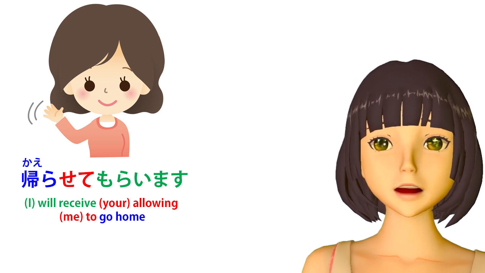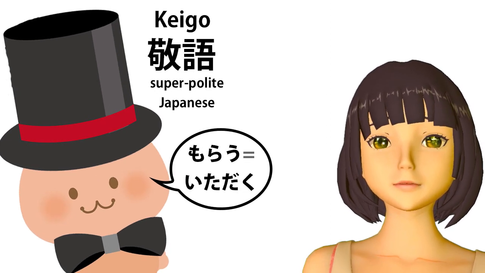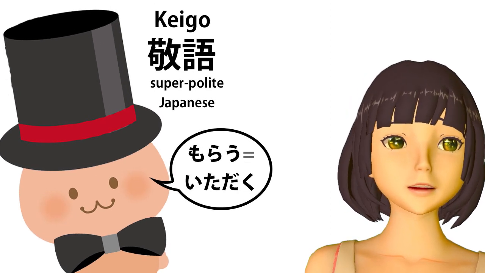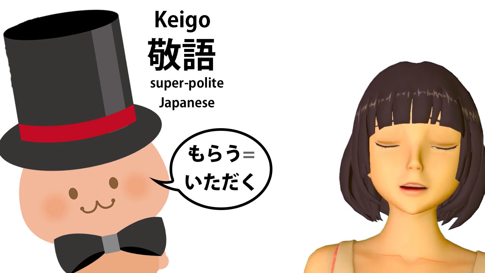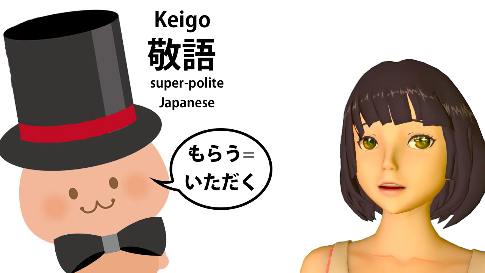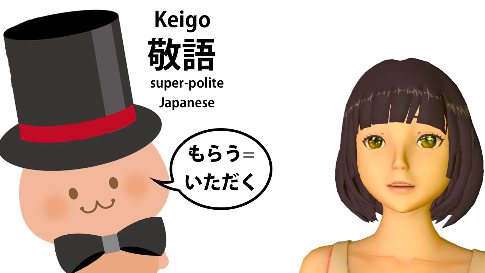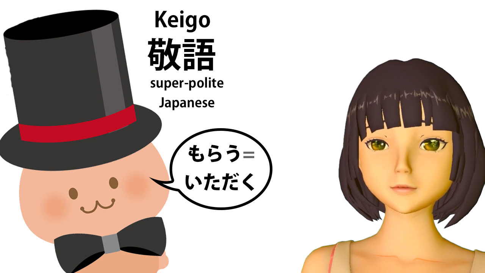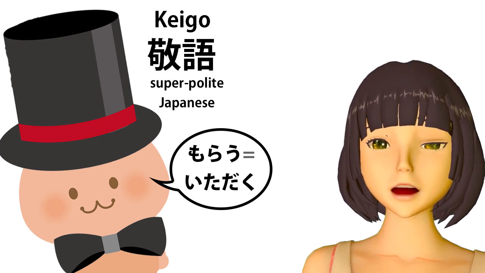And I'll just add before we go, I'm not teaching keigo at this point. Keigo is hyper-polite Japanese, which is almost a little sub-language of its own. It's not that difficult, but it will take a few lessons to go into it. But I want to mention here that there is a keigo word for morau, and that is itadaku.